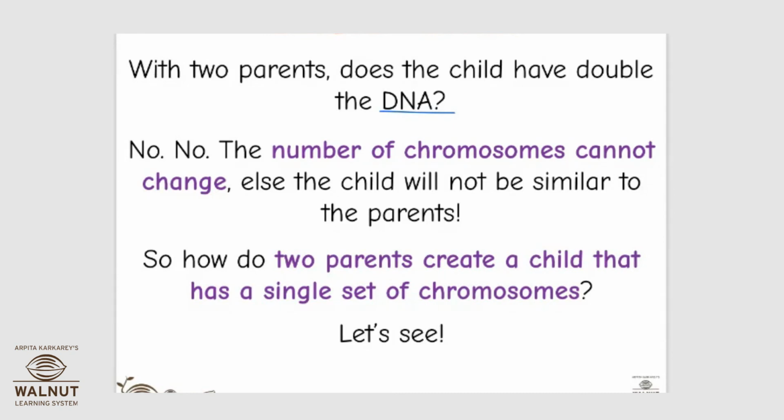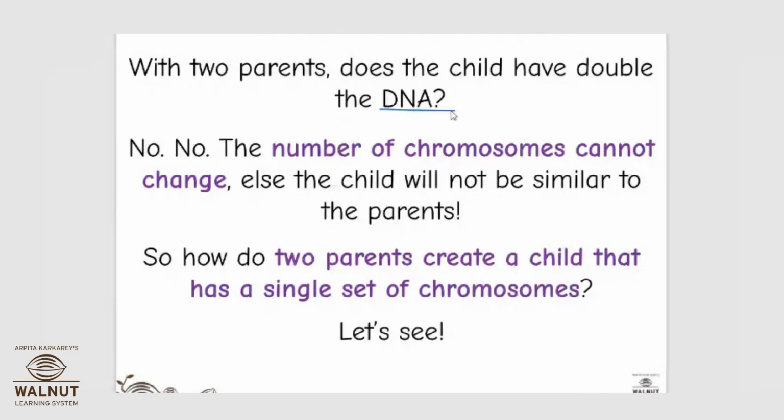The number of chromosomes will be 46, or you can say 23 pairs of chromosomes. So always it's 23 pairs, in which 22 are your normal chromosomes and one pair is the sex chromosomes, that is X and Y or XX, that you will see later on. Coming down, the number of chromosomes cannot change, else the child will not be similar to the parents.